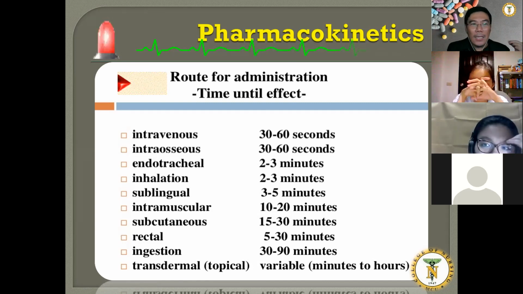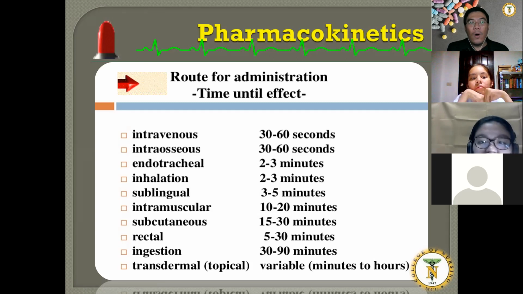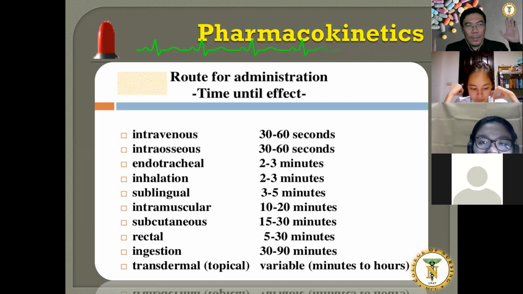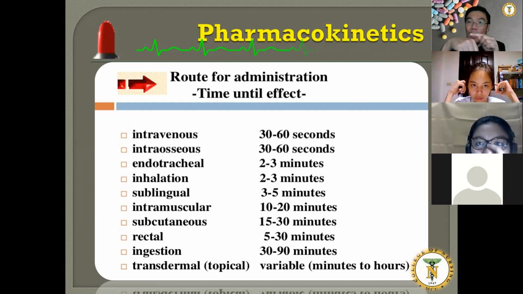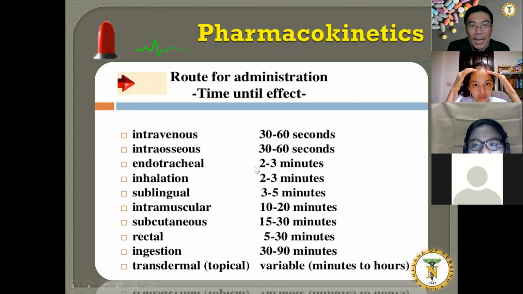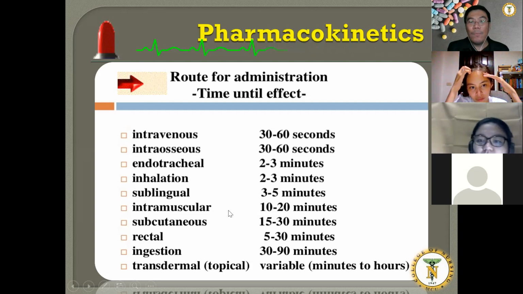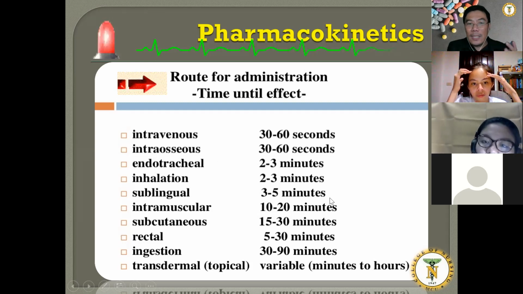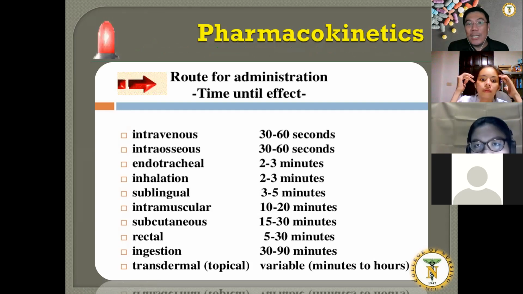Because when you are assigned in emergency situations, always take into consideration that intravenous and intraosseous are the best routes of administration for emergency situations. If there is no established intravenous site, what could be the next? It could be inhalation if it is not endotracheal. If it is not inhalation, the next is sublingual. So the options of route of administration will give you the idea depending on the condition, if it is an emergency.